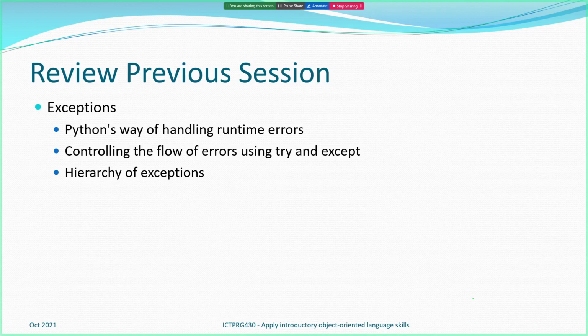And then we had a look through the hierarchy of how exceptions are grouped together and how they can be used to capture multiple types if you want to handle them in a specific way.